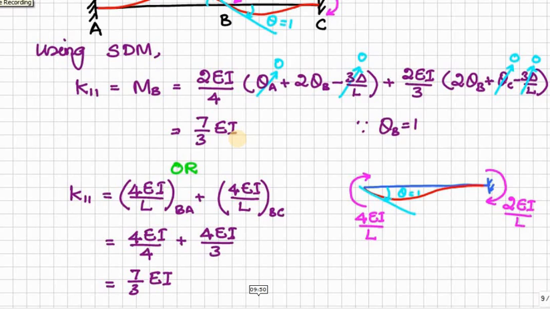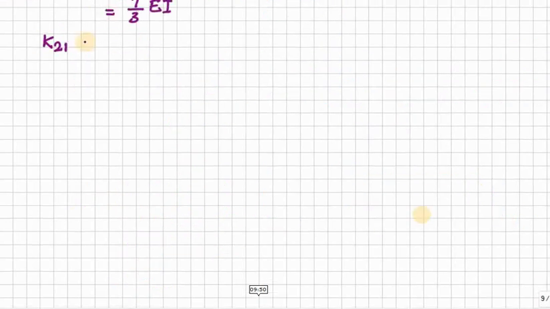Similarly K21 is nothing but the force at system coordinate 2, that is C, that is MC, due to the unit rotation applied at degree of freedom 1, that is system coordinate 1. That means MC here is equal to clockwise 2 EI by L, that means 2 EI by 5. Due to the symmetry, this K21 is also equal to K12.